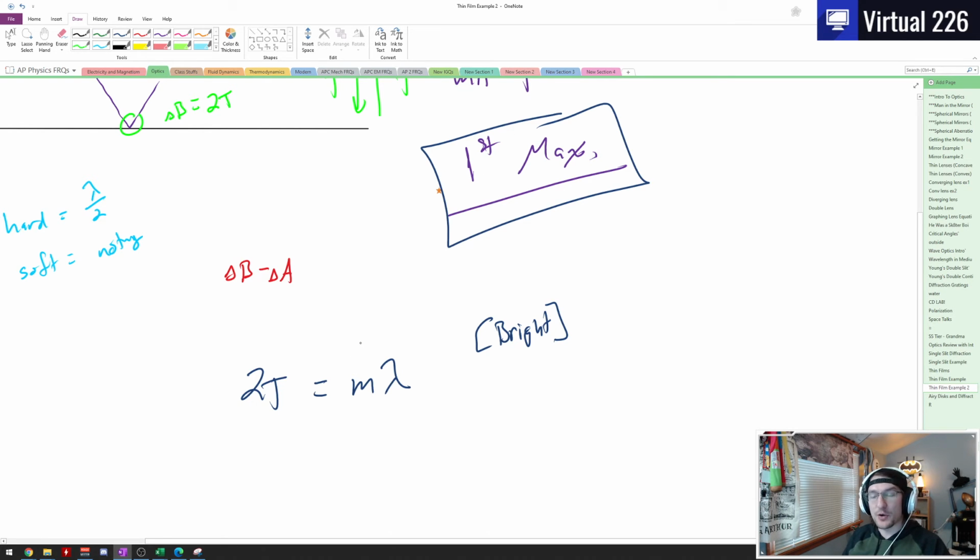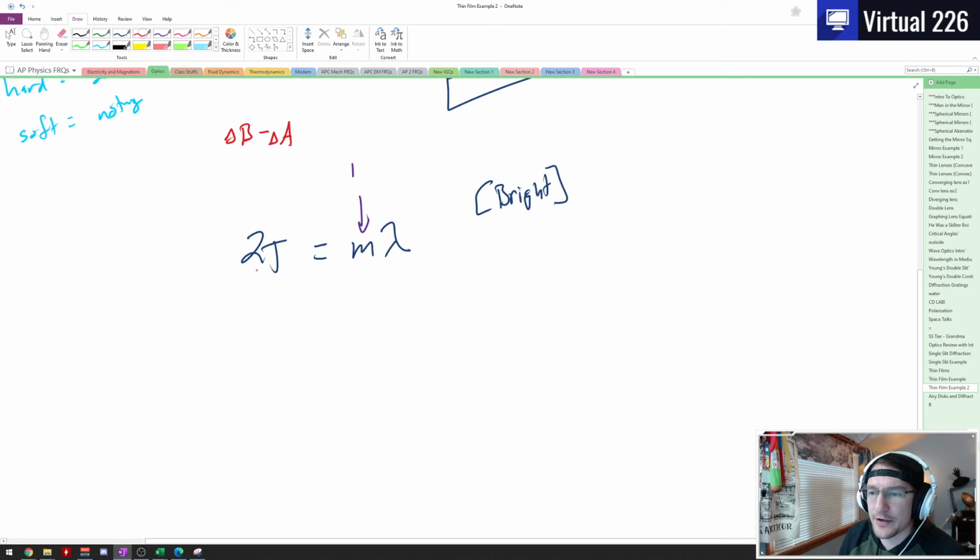M cannot be 0, because then 0 times the wavelength is 0, and that means the thickness has to be 0, and that doesn't make sense. We have to have some thickness in the problem. So m is going to be 1, which means T is equal to lambda over 2. Or is it?